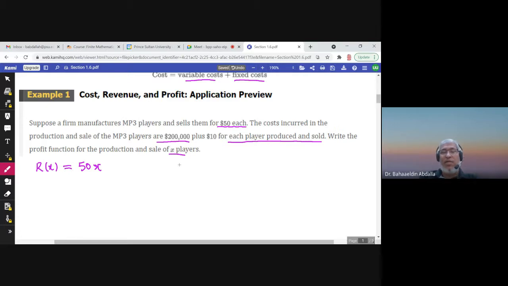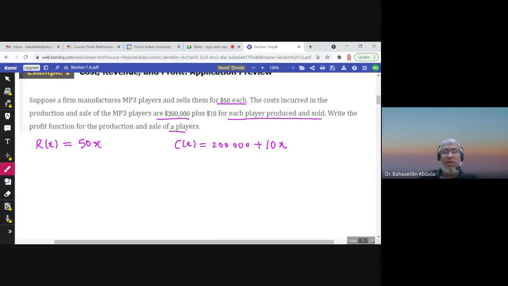So we can write the cost function as the fixed cost plus the variable cost, 10 for each player, and the number of players is X. So 10X. Write the profit function for the production and sale of X players.